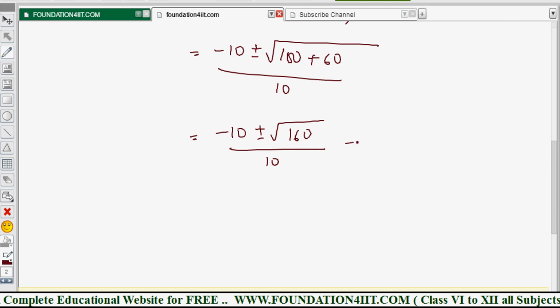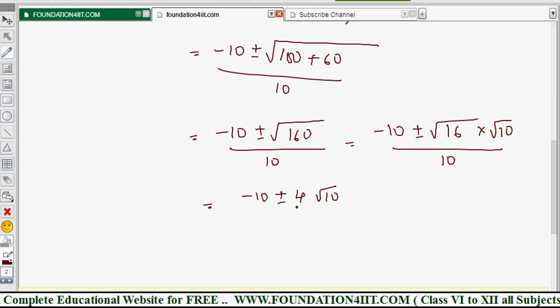So you can take the roots separately: root 16 into root 10 divided by 10. Whenever it is possible, you can simplify. Then minus 10 plus or minus root 16 is 4, so 4 root 10 by 10. Finally we got minus 10 plus or minus 4 root 10 by 10.